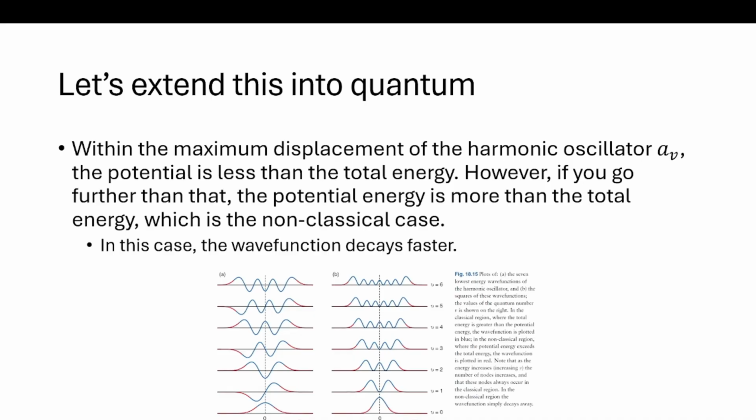But if we go further than that, then the potential energy is more than the total energy. And in classical mechanics, this absolutely wouldn't pass. But in quantum mechanics, we're completely fine with this. And in this case, the non-classical case, the wave function simply decays faster instead of everything breaking down, similar to the wave functions for a particle in the box.